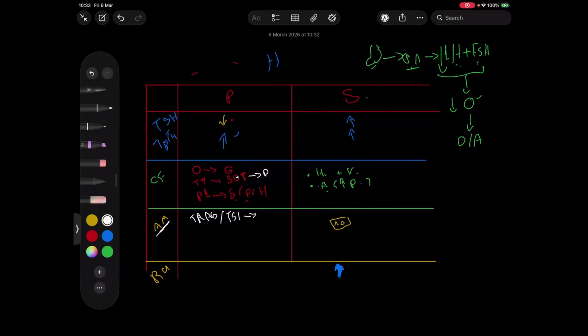So, if you find TRAB and TSI, you're going to think about Graves.